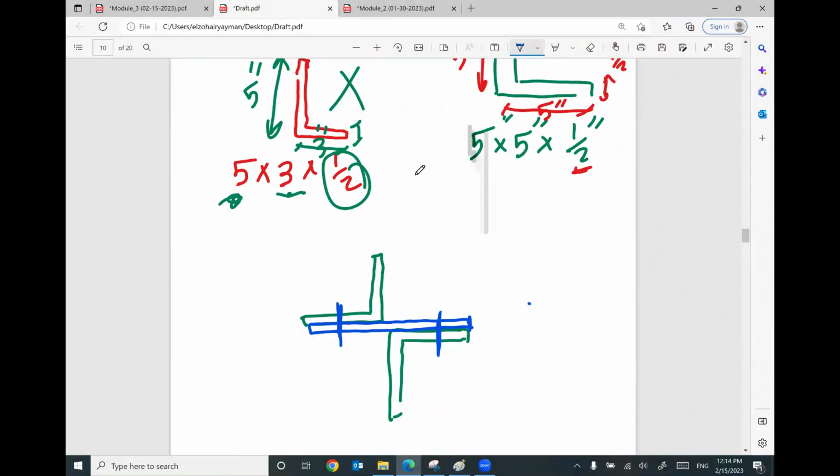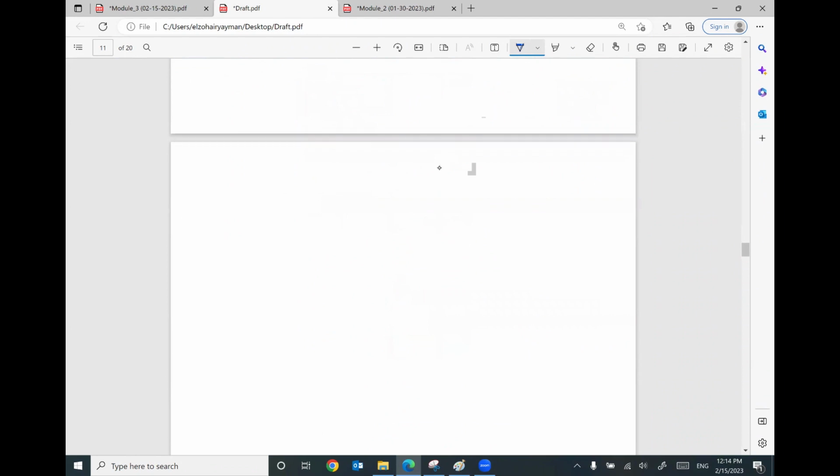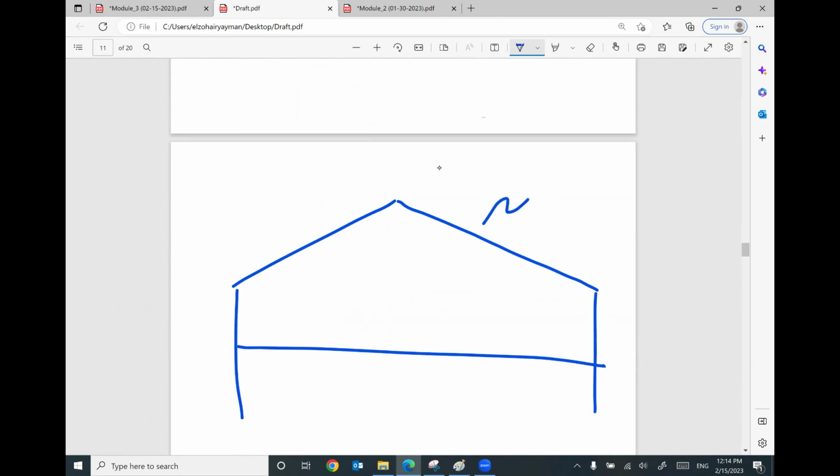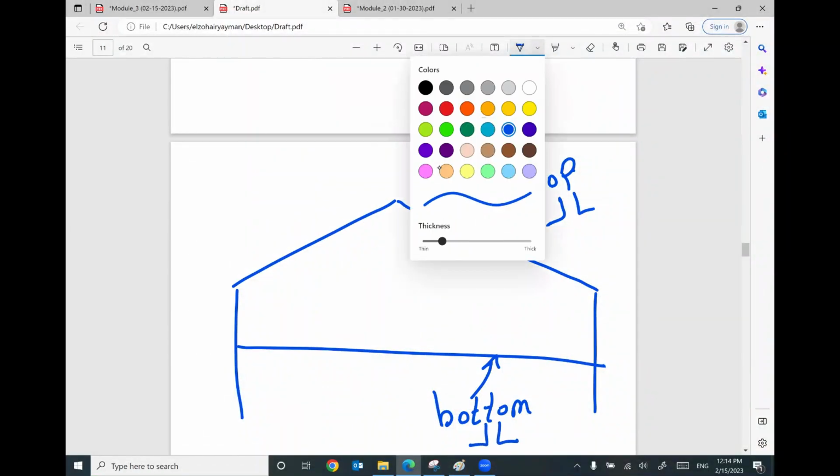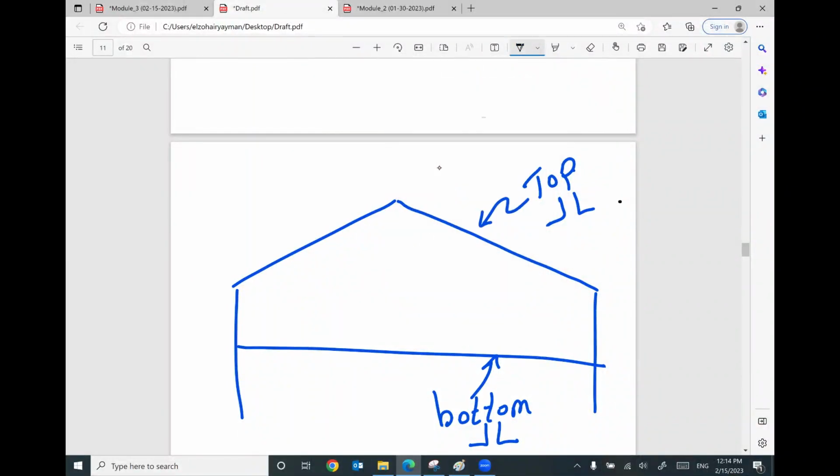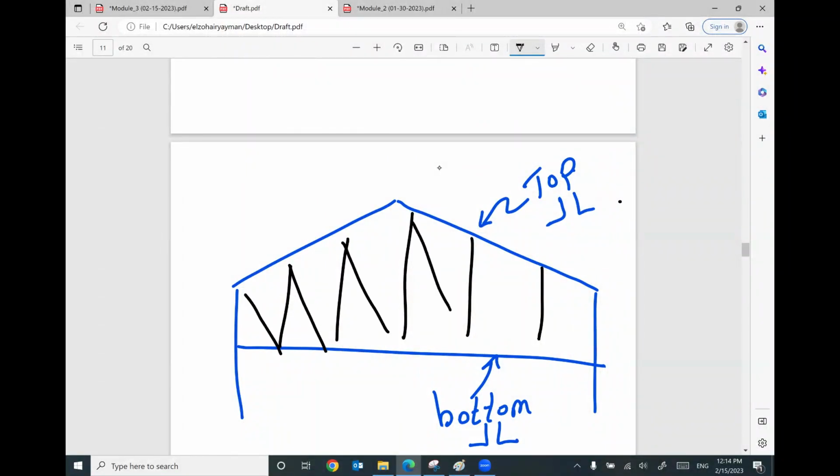For your information, your truss will have top members and bottom members. 90% of these members will be double angle. And then we have the web of the truss, which are the vertical members and inclined members. Most of the time, 90% of these members will be one angle. So keep this information in your mind.